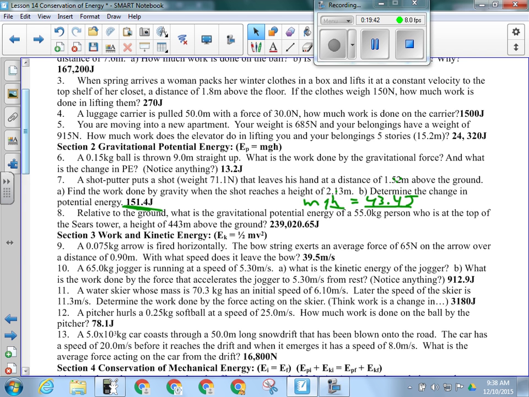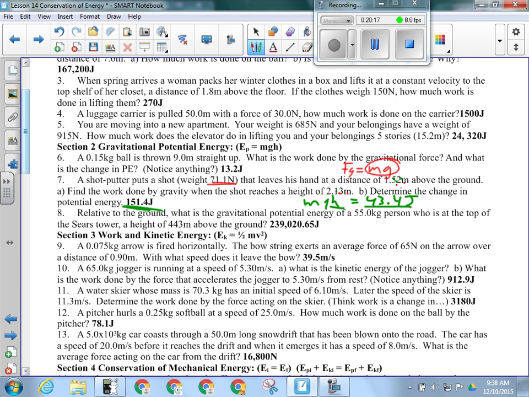Weight is the force of gravity, and we calculate that by Fg equals m times g. So if they've given you what m times g equals, have they saved you a little bit of work? Yeah. So you just need to determine the change in potential energy: the potential energy at the ground and the potential energy at 2.13 meters, and you'll get your answers.